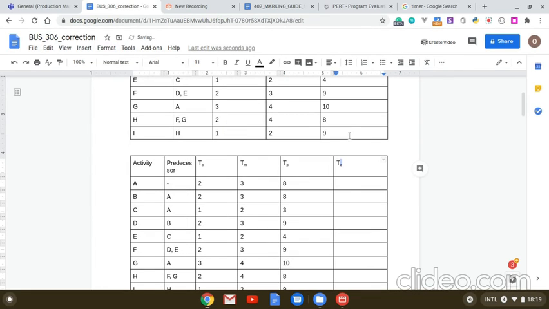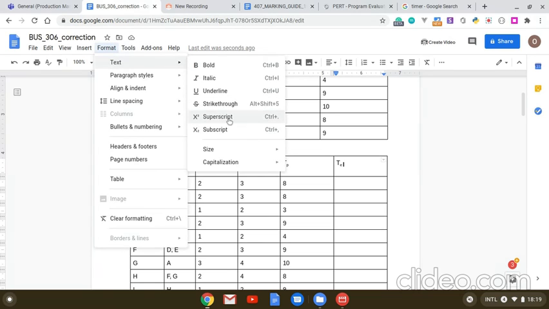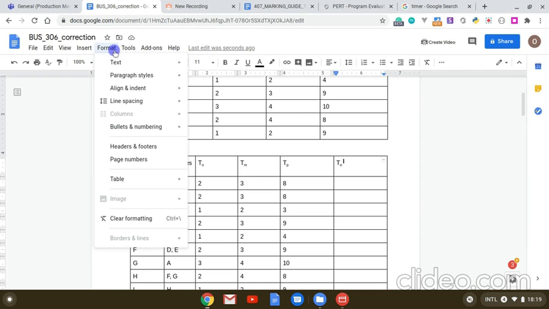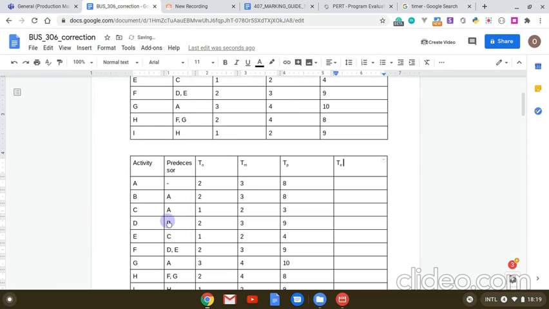This is something you can write, obviously. My cursor is still in subscript, and let me return it to normal text. Sorry about that. I want to return to normal text. Clear formatting.